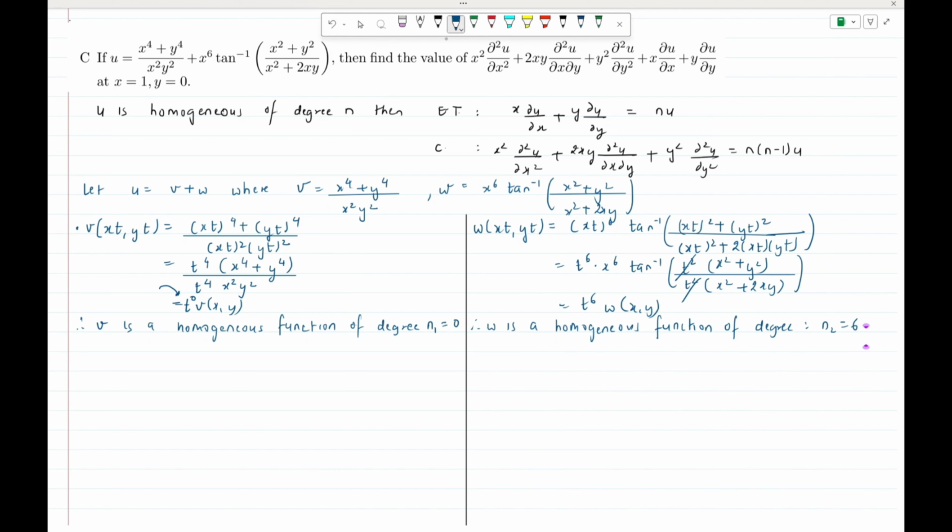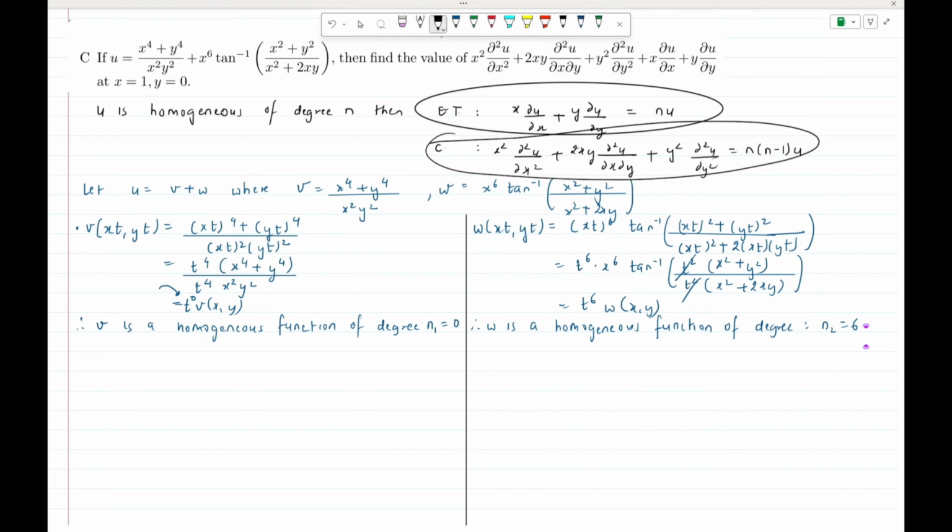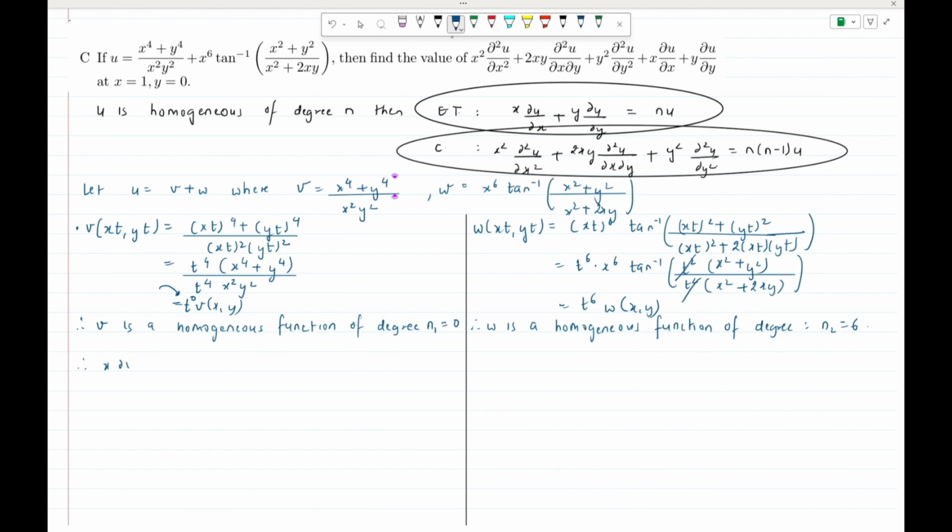Since v and w are both homogeneous of their respective degrees, we can apply Euler's theorem, which we stated here, as well as its corollary, which we stated down here, to both v and w. So by Euler's theorem we get that x del v by del x plus y del v by del y is going to be n times v.